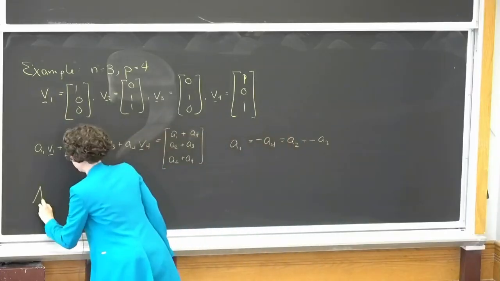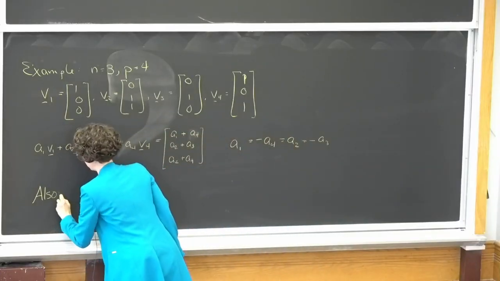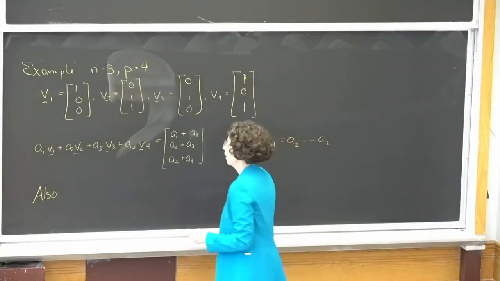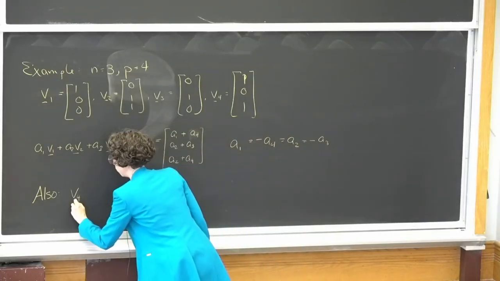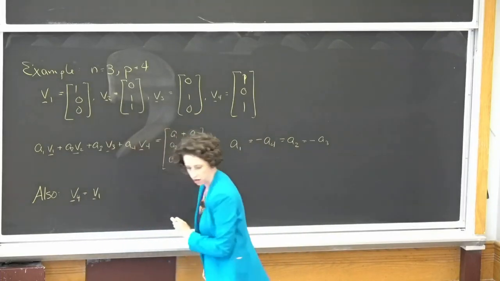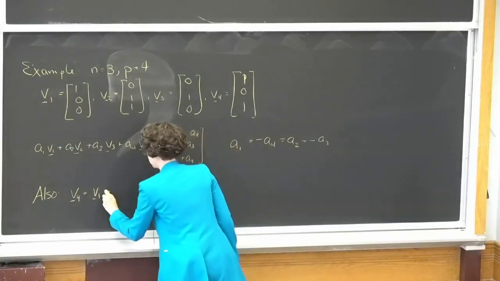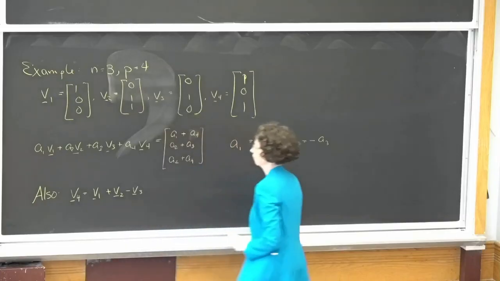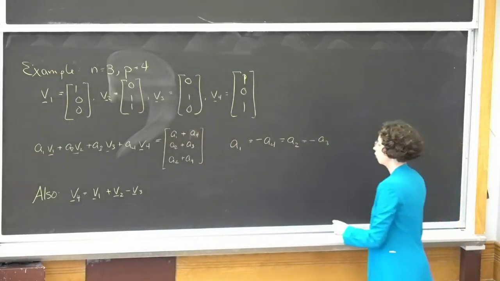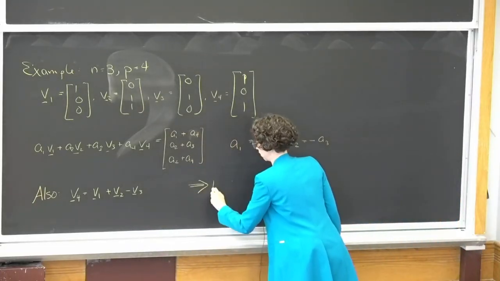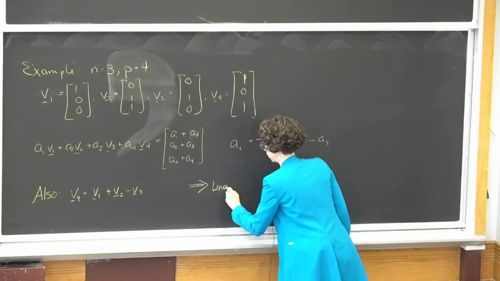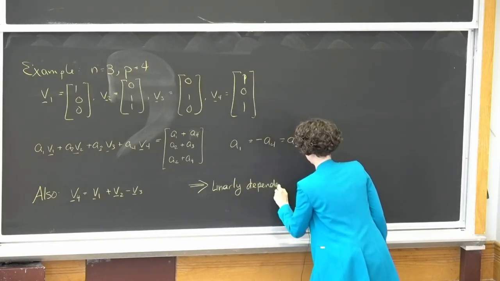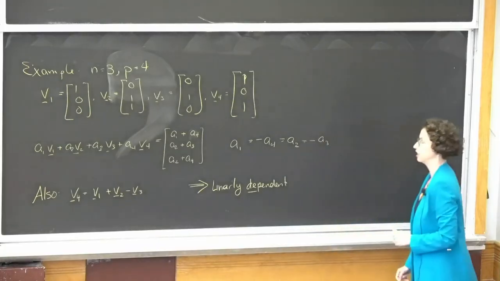Alternatively, we can do this explicitly, writing one vector as a weighted sum of the others. In fact, in this case, V4 is equal to V1 plus V2 minus V3. And so from this, we can conclude that these vectors are linearly dependent. They are not linearly independent.